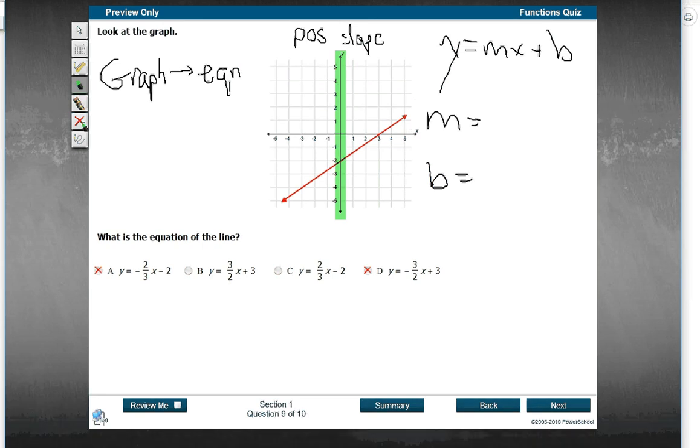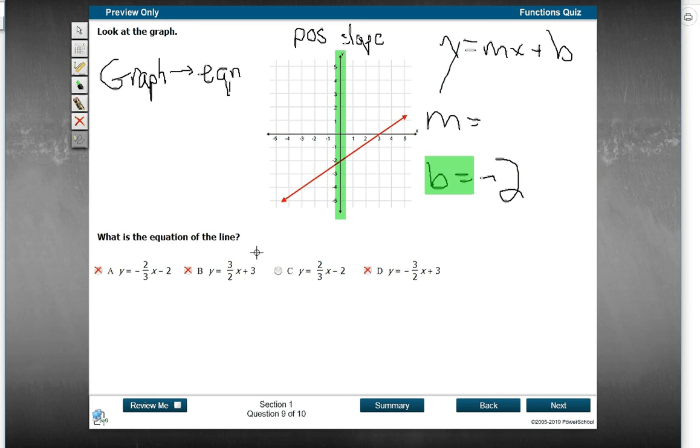So at what point does our red line hit the y-axis? Well, it hits at the point -2, so our y-intercept is going to be -2. And of the 2 choices left, right away, I can eliminate B since it has a different y-intercept. Please make these problems easy for yourself like I am demonstrating.